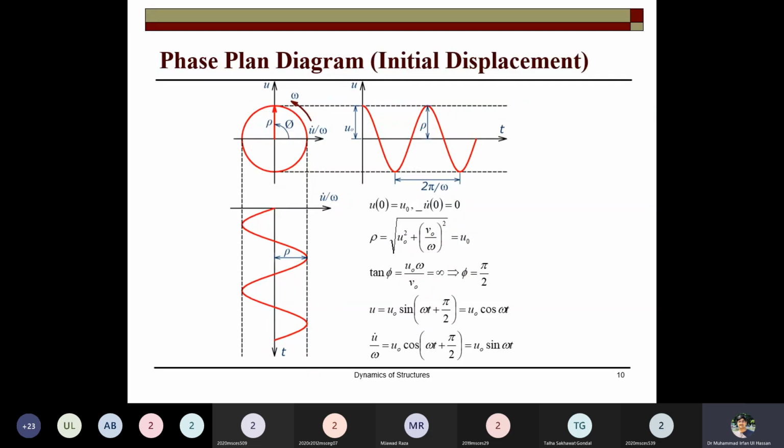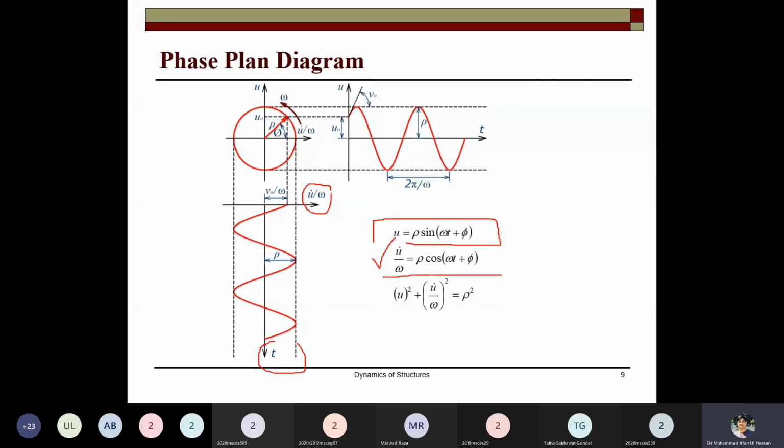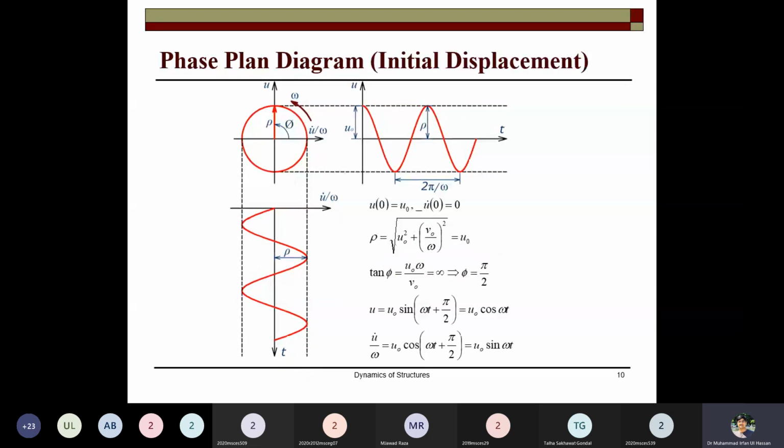Similarly, the other case, when you have u here, both were present, u and u dot, but in this case the velocity is 0. The initial velocity v naught is 0. So then if you plot the graph, it will be like that.